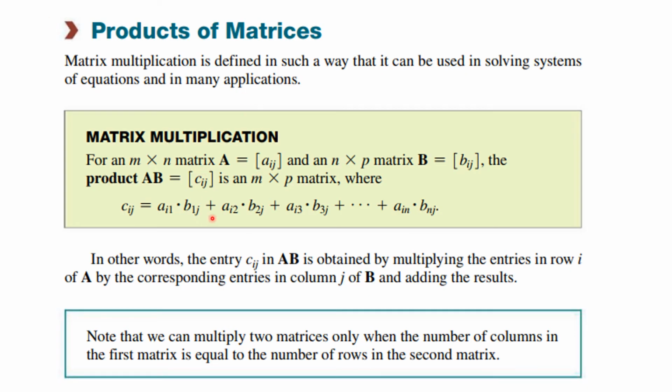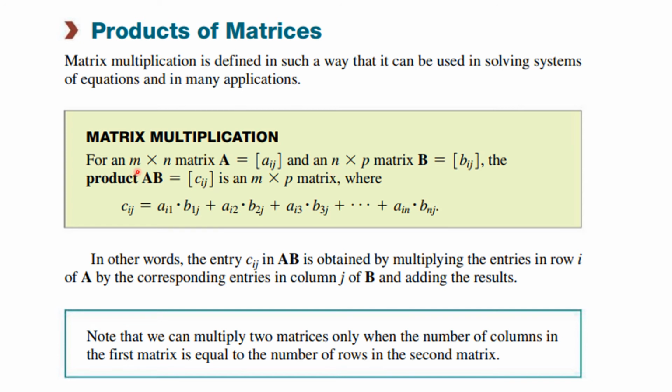When we multiply matrices, though, we do it differently. First of all, the matrix product is not always defined. The number of columns in the first matrix has to equal the number of rows in the second matrix.